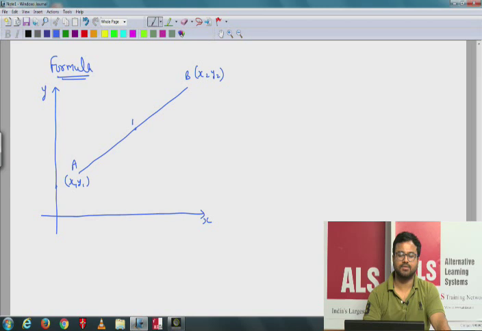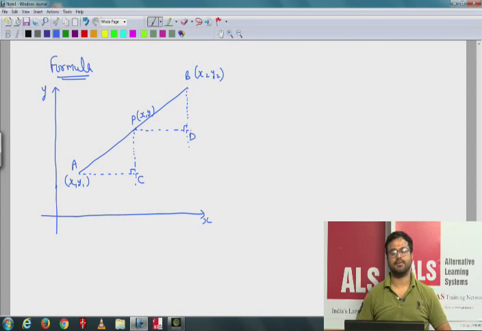Let's say P is over here having the point x comma y. If we draw a line parallel to the x-axis from A, it will go like this, and from P also parallel to the x-axis, it will be like this. And from B and P, we have to draw the perpendicular lines, perpendicular to the x-axis or parallel to the y-axis. It will be like this. So here also this is 90 degrees and this is 90 degrees. Let's say this point is C and this point is D.